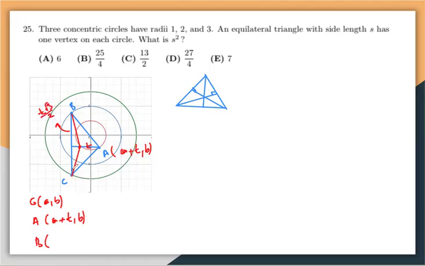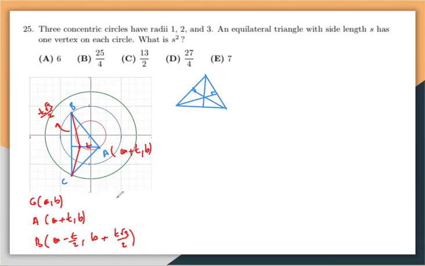The same thing happens right here. So that vertex is this much higher, and we go T over 2 units to the left from the centroid. That should be A minus T over 2, comma, B plus T root 3 over 2.